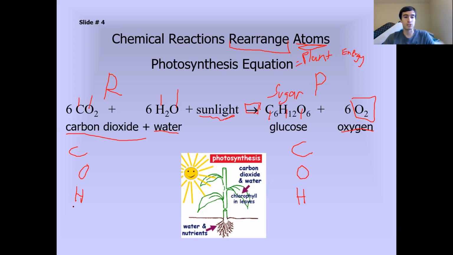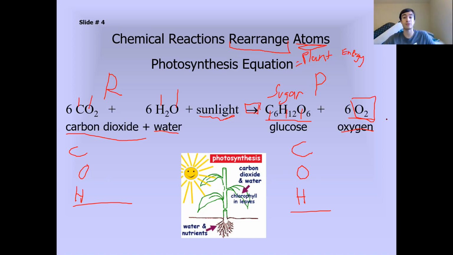So our starting atoms and our product atoms are the same types of atoms. We didn't add or take away any new or different atoms. We just rearranged the atoms that were already here. So we rearranged this C, this O, and this H from CO2 and H2O into glucose, C6H12O6, and oxygen, O2.